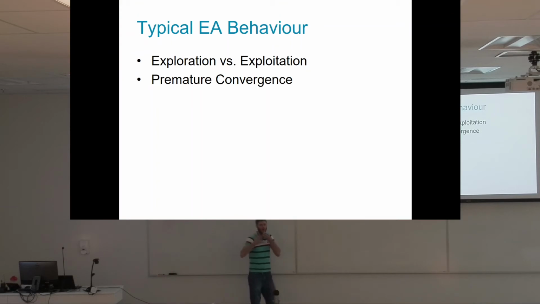We want to make sure our algorithm is capable of exploring the space pretty well. But there's also this idea of exploitation, where we want to take things that are good and exploit that to find other things that are good.